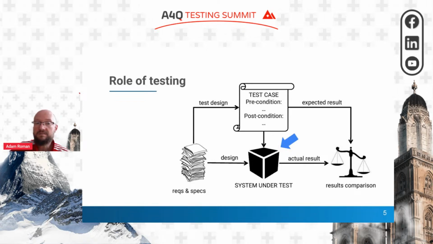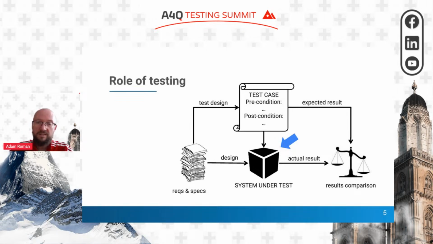We also define expected results based on the specification. We use the test cases to test the software, then compare expected and actual results and see if the test fails or passes.